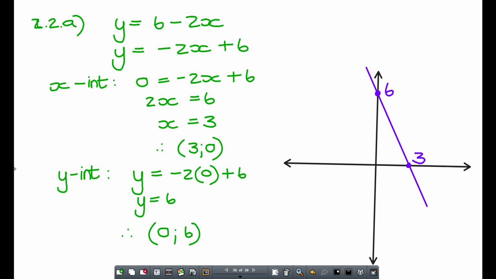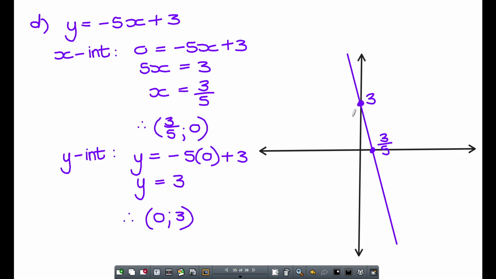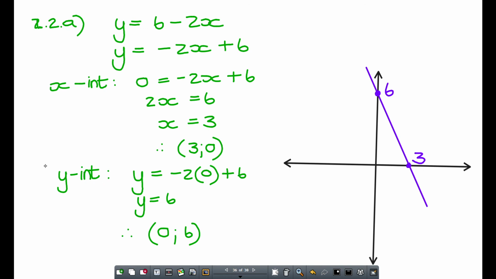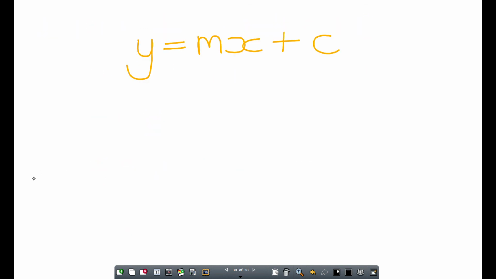Okay, let's go back to another one. This one, it cuts through the y-axis at 3. And have a look, minus 5x plus 3. So far, because we had it the other way around, you wouldn't be able to. But now, let's say I give you the following.